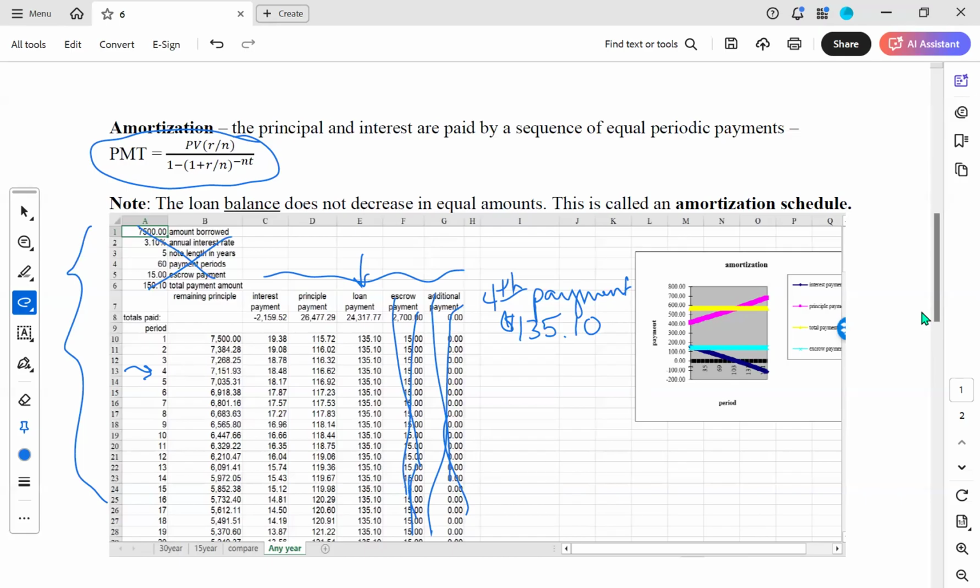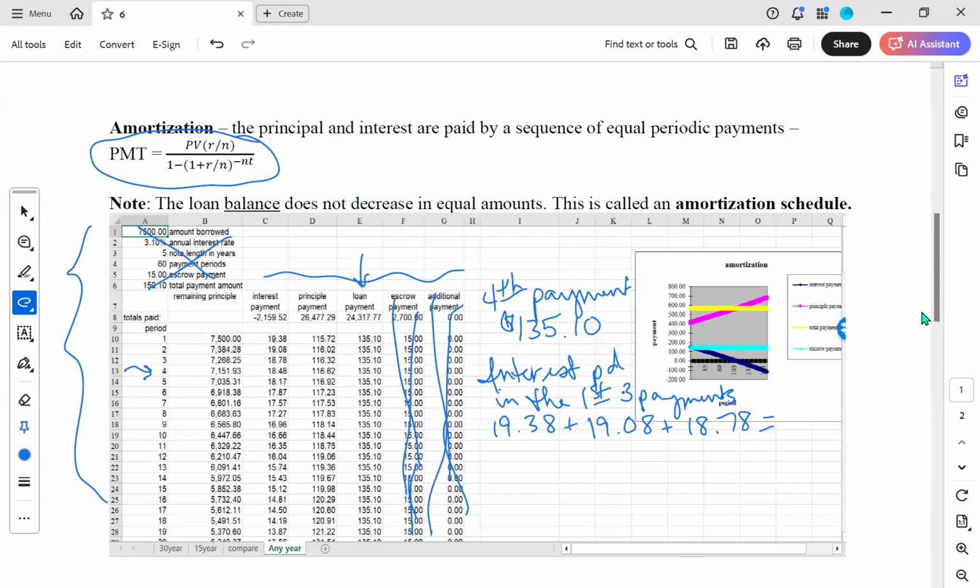Now, if I wanted to find out the interest paid in the first 3 payments, then I'm going to need to take my first interest payment, which is $19.38, and I'm going to need to add to it my second interest payment, which is $19.08, and I'm going to need to add that to my third interest payment of $18.78.